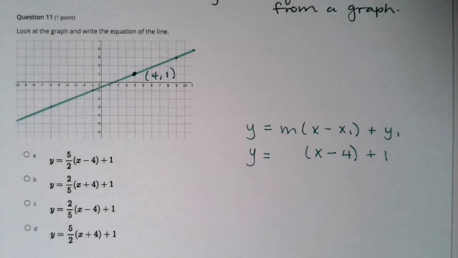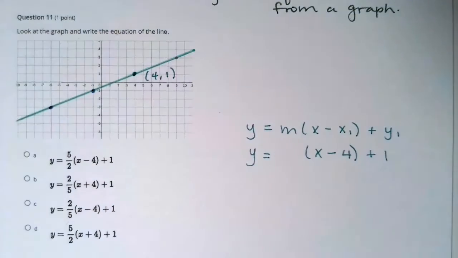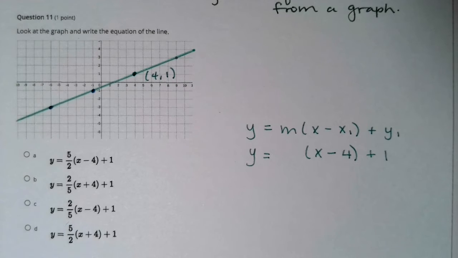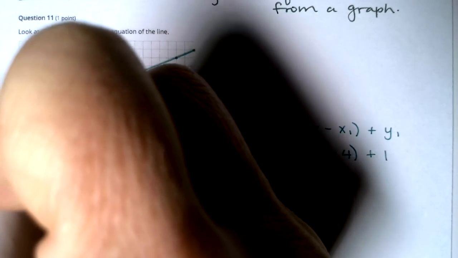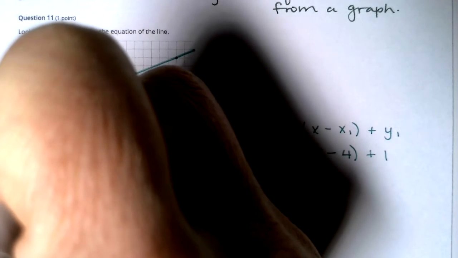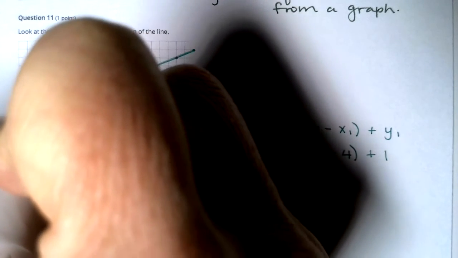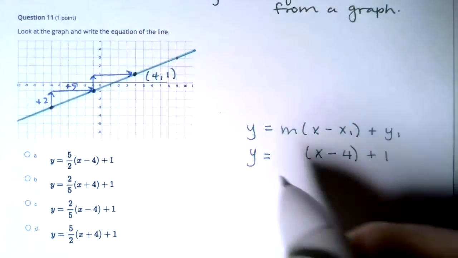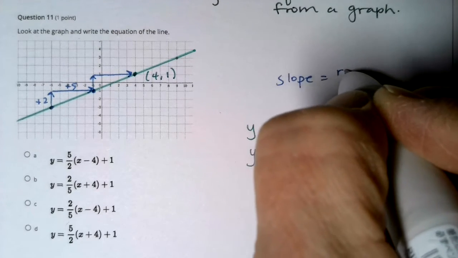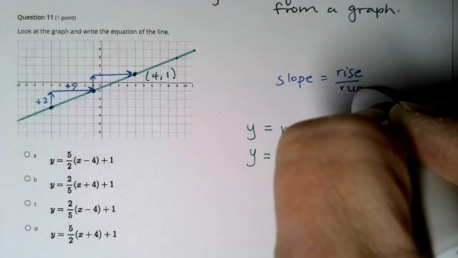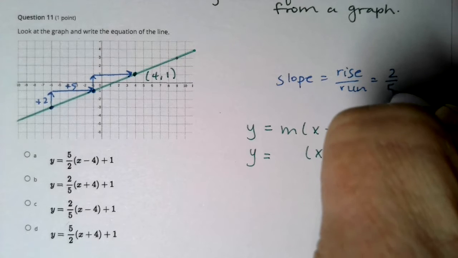Now I have to look at what the slope will be. And for the slope, I can count rise over run between any points on my grid mark. So I'm just going to make these points a little darker so you can see where they are, and we can count our rise over run here. If I go up 2 and to the right 5, and it's the same, up 2 and to the right 5, so my slope, which is rise over run, is going to be 2/5.